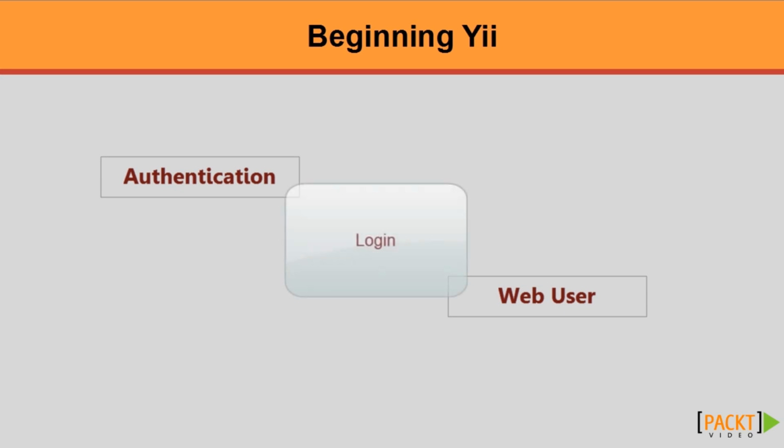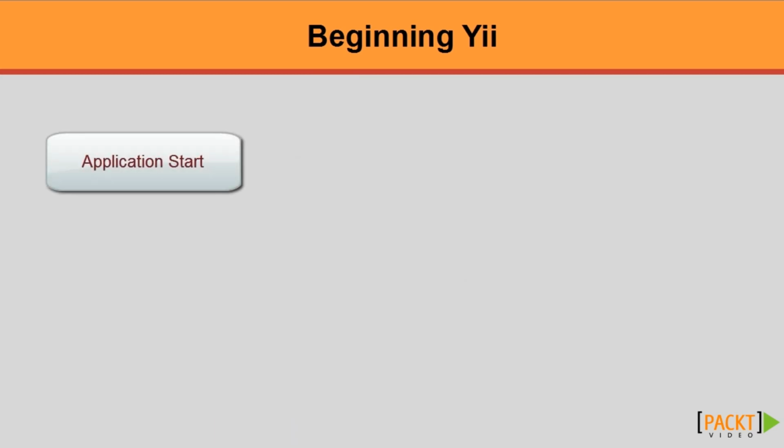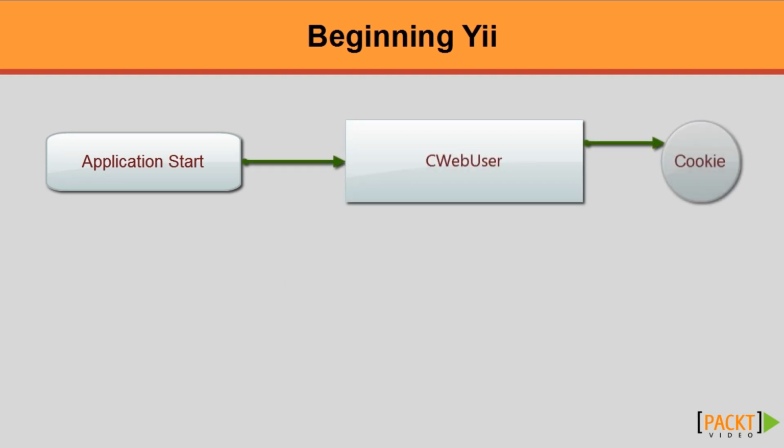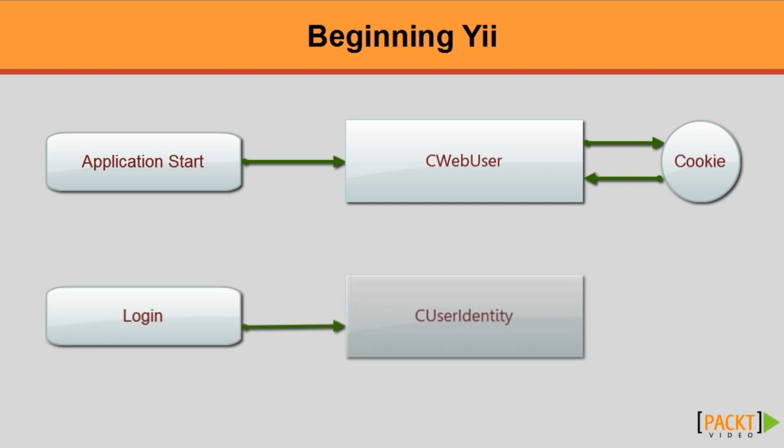The login action and login form model manages this process for us and ties these two classes together. On application start, the system creates a CWebUser class, and if cookies are allowed, it checks if a cookie exists, and if so, loads the user information from a cookie, otherwise the identity is set to guest. On login, the system creates a user identity class, passing the login details.